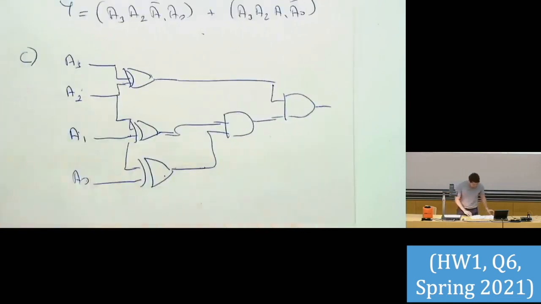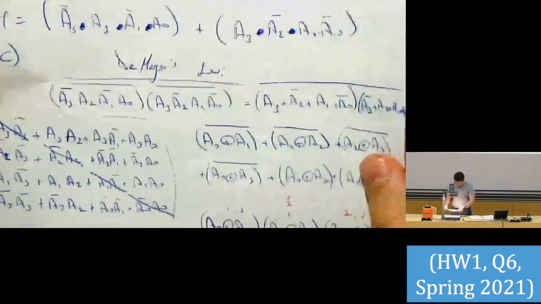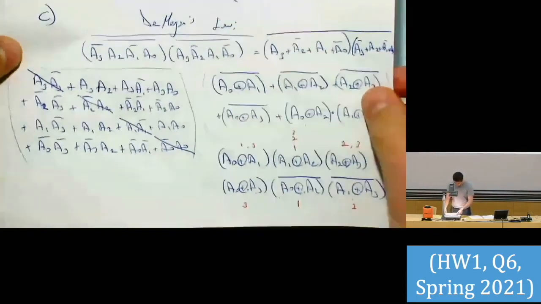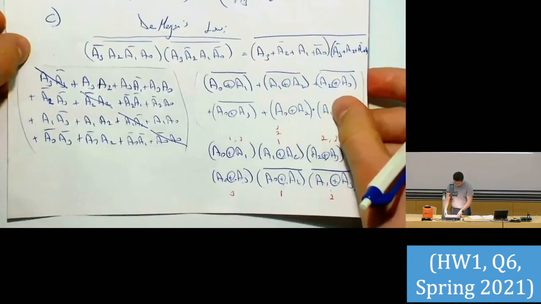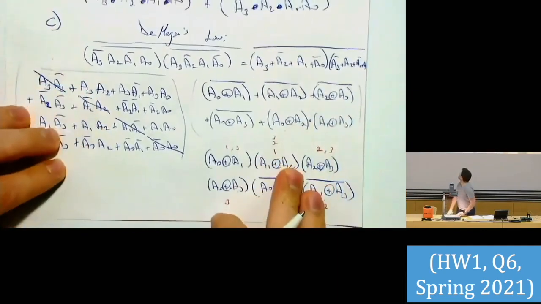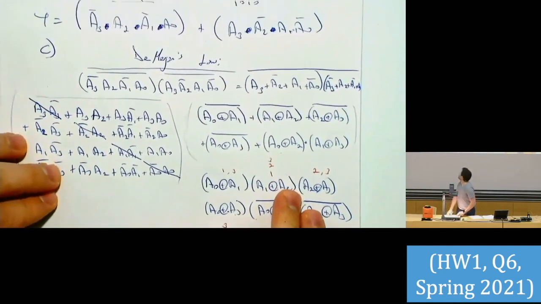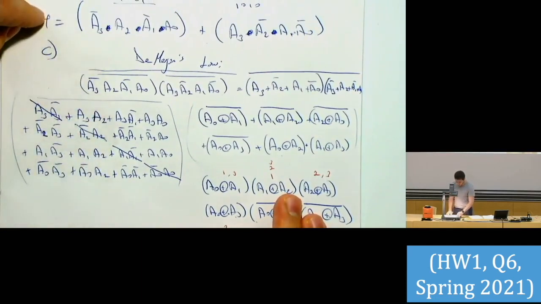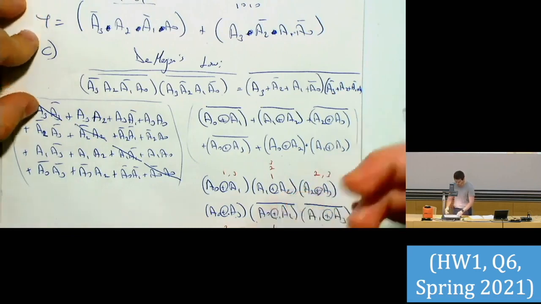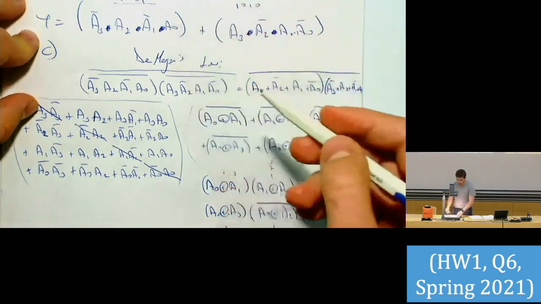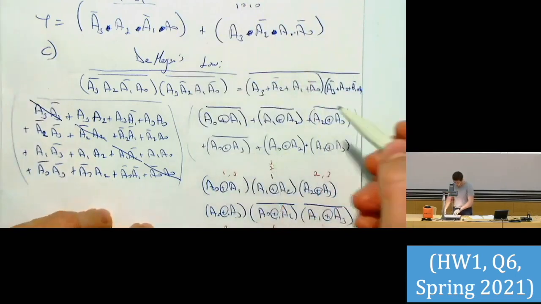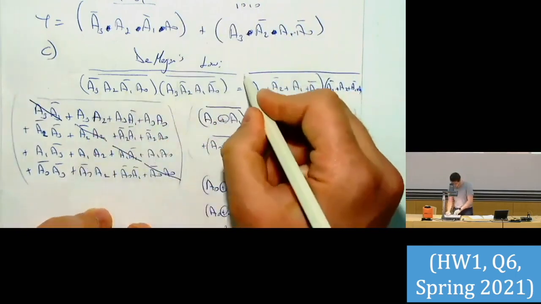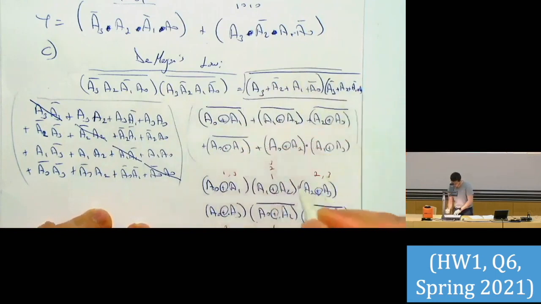If you need to prove that this is actually correct, I have something written here. What you need to do is write Y as a Boolean equation and also take the De Morgan, right? When you take the De Morgan, you will have something like this.